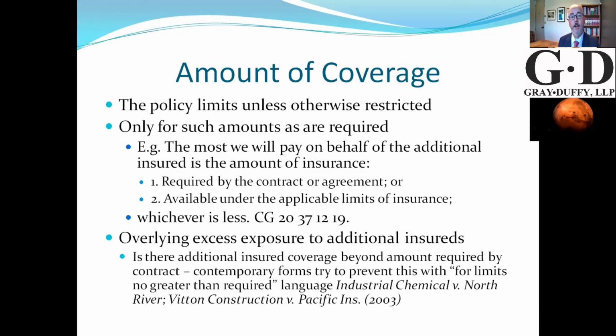And that extended up to the Pacific Insurance, the excess insurer of the named insured. And they were required to indemnify the additional insured under their policy as well. So you're going to watch that in excess policies, to the extent they provide coverage and follow form to provide coverage for anyone who's insured under the primary policy, and whether that's just as required by the policy and only to that limit.